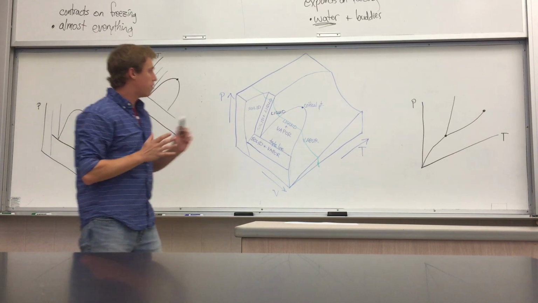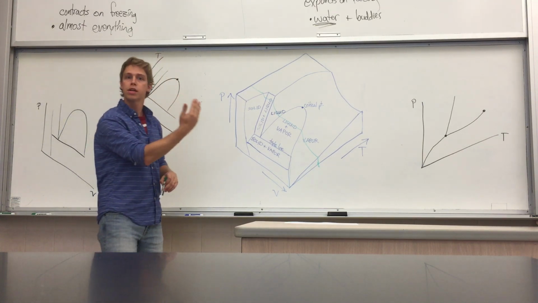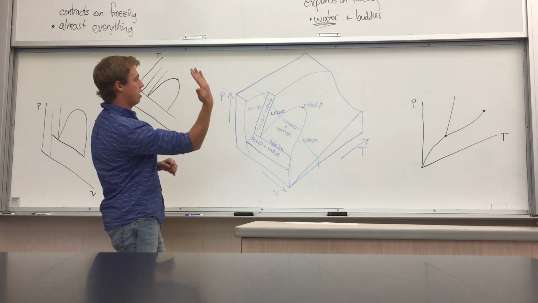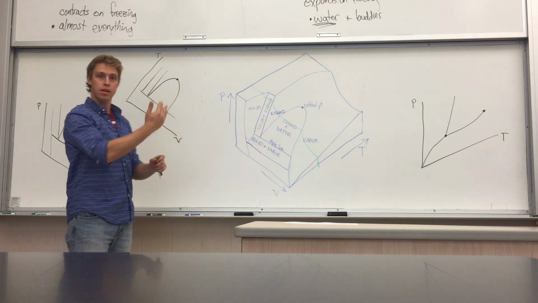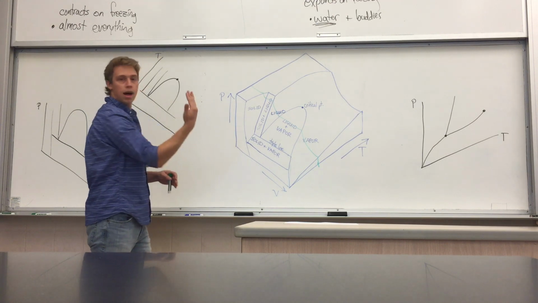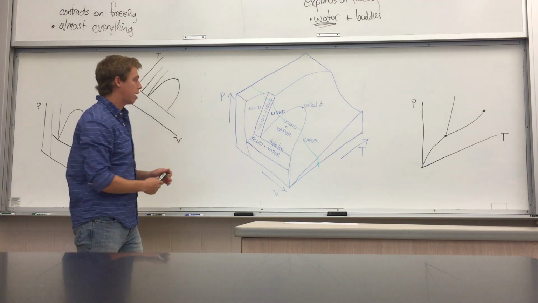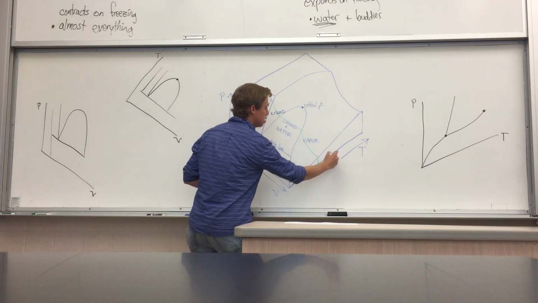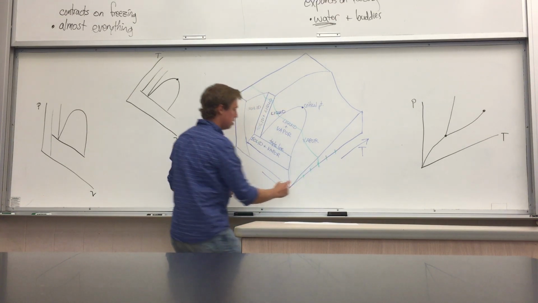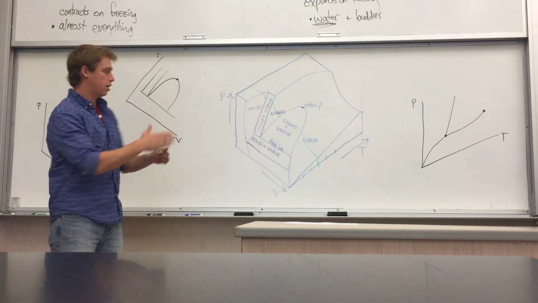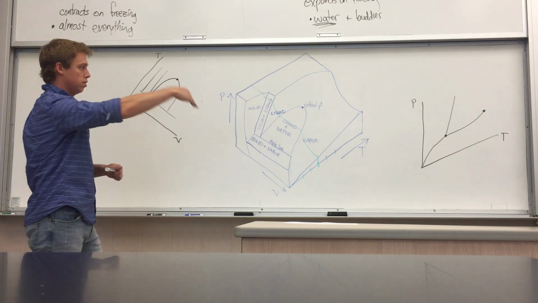So I think I drew that fairly okay. Do you see how with that green line, I took a knife and I sliced into this diagram at a constant temperature? And I could do the same thing. I could do one here, or down here. All those green marks, I can do slices through the diagram.